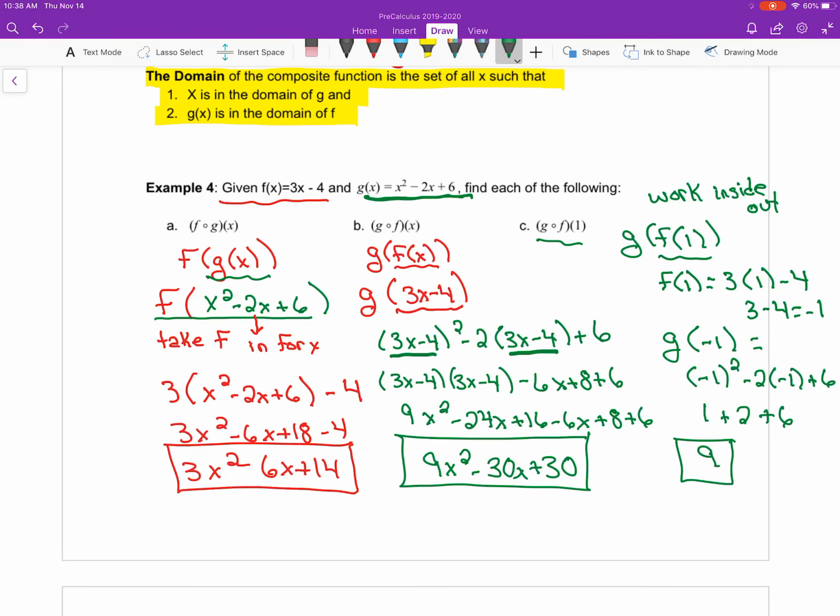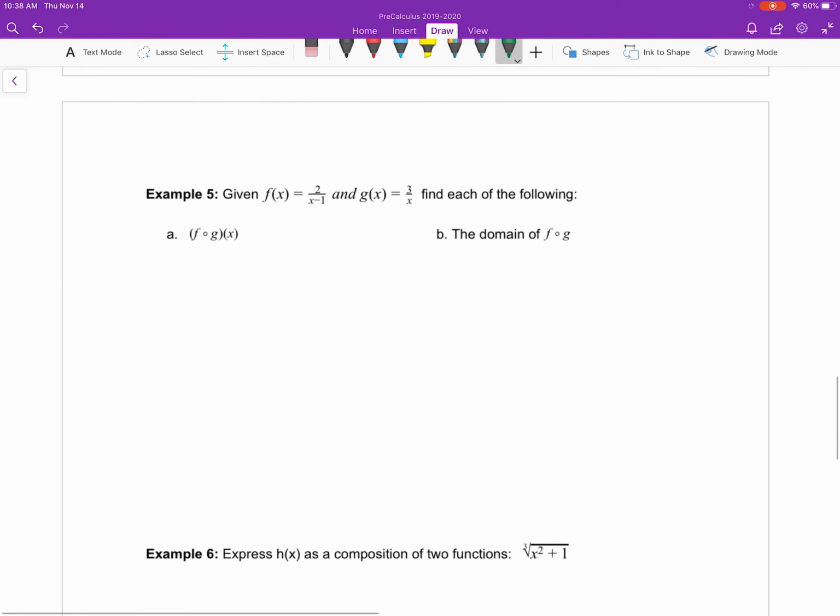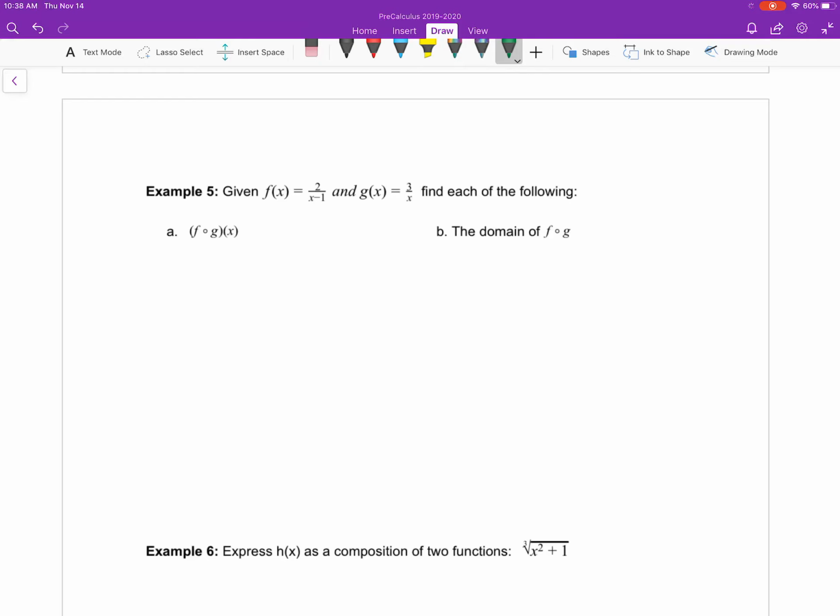And the very last thing we're going to do is look at the domain of what happens when we put them together. So in this case, we're going to find f of g of x. So f of 3 over x. So I'm going to have to do a little algebra here. I'm putting 3 over x in the function of f. And I get that, which is not super pretty.